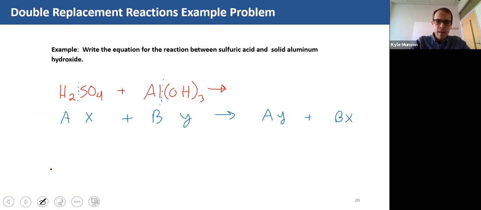Now, this 2, okay, isn't going to travel over, I should say, as we go through the reaction, because it came from the sulfate anion part of this compound, okay? It's a 2- and hydrogen is a plus charge, okay? So I'm just going to bring over the hydrogen by itself.